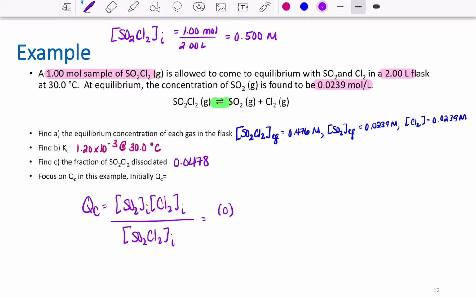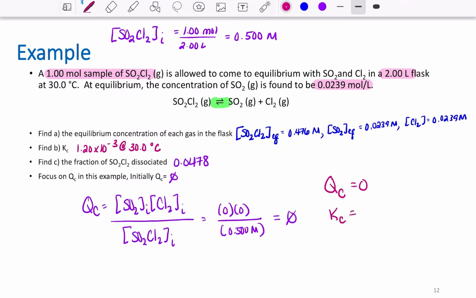Initially, I didn't have any SO2 to start, I didn't have any Cl2 to start, and I had 0.5 molar SO2Cl2 to start. So my value of Qc initially was 0. Qc was equal to 0.